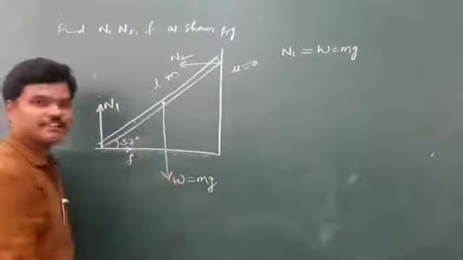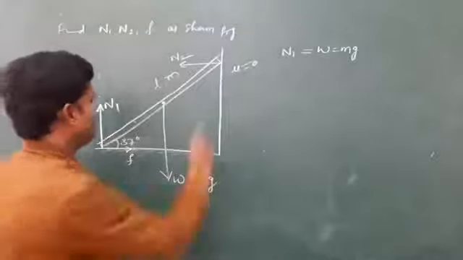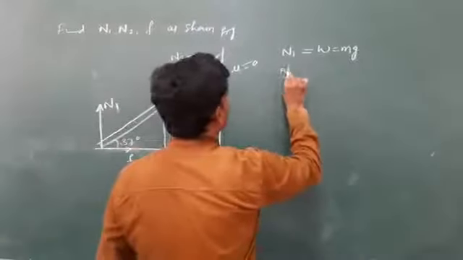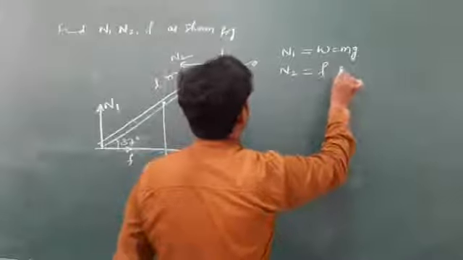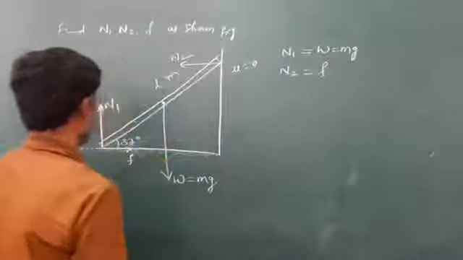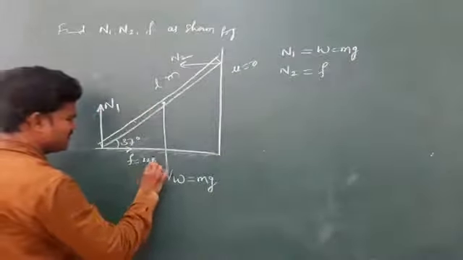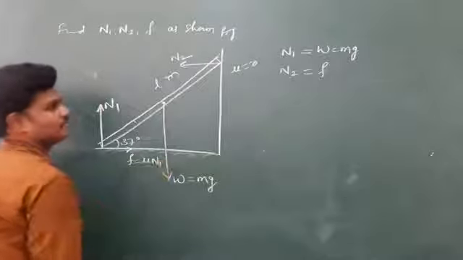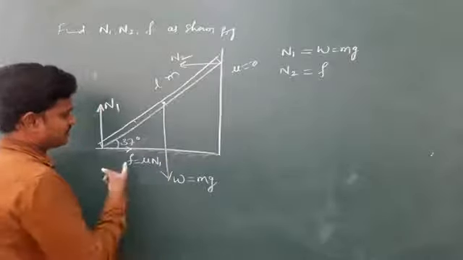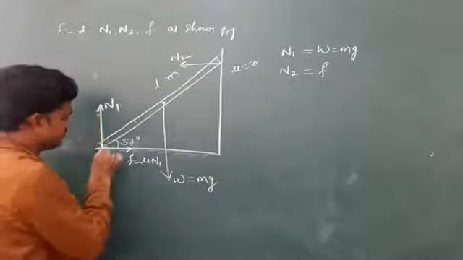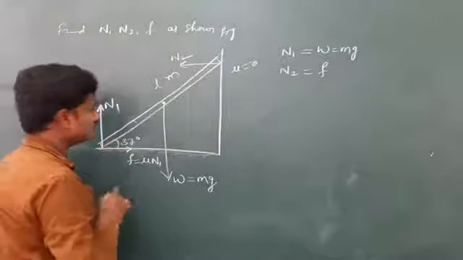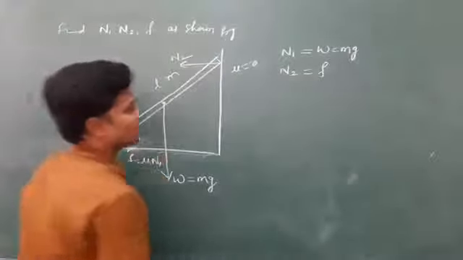N1 is balanced only by the weight. Left side force N2 is equal to the frictional force, and this frictional force is mu N1. Here the frictional force F is equal to mu N, N being N1.